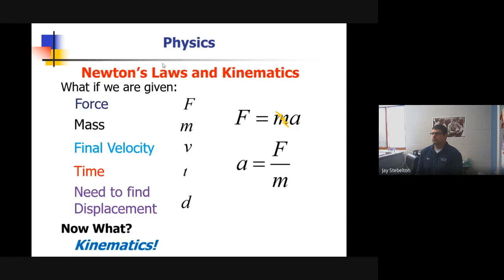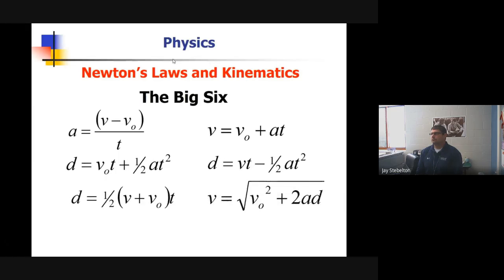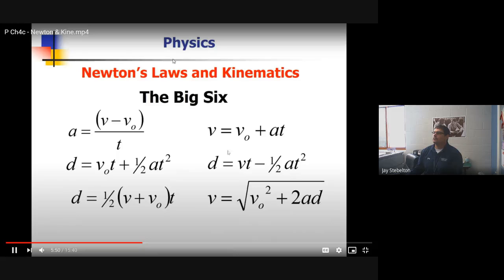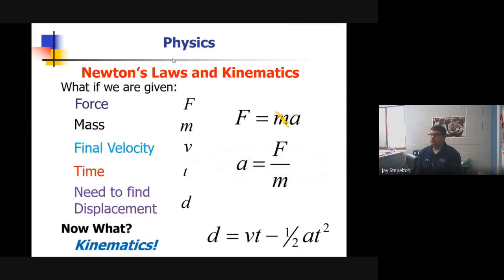And now what? The kinematics. Only one of the big six equations has displacement if I know final velocity, acceleration, and time. And there it is. So with these givens and what we're looking for, I would use the final velocity form of the displacement equation.